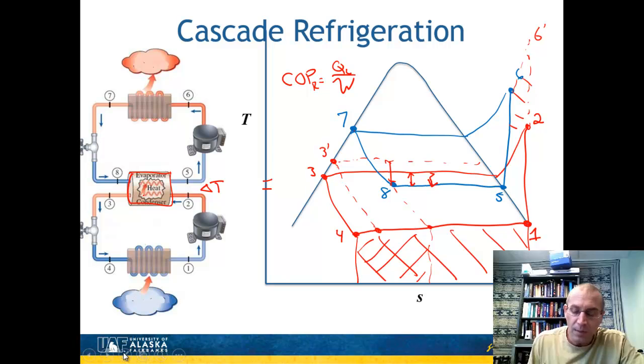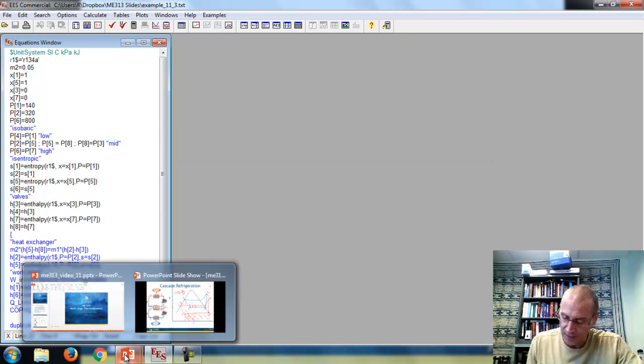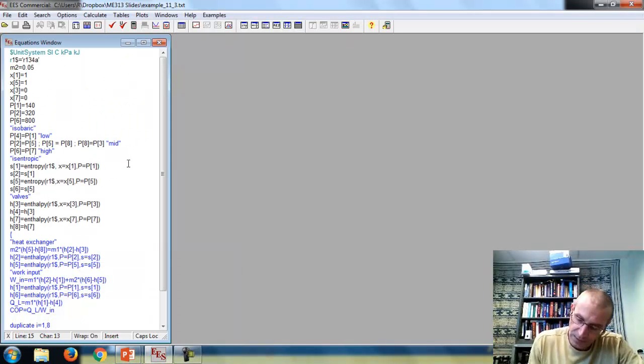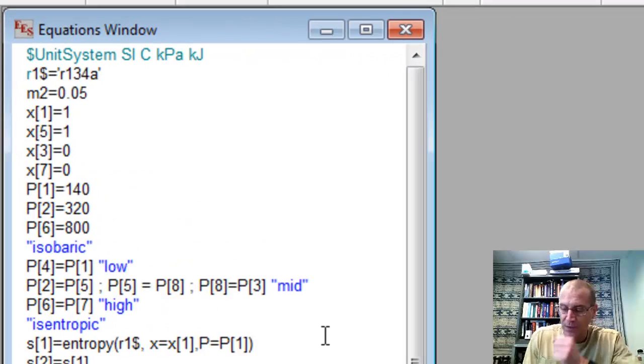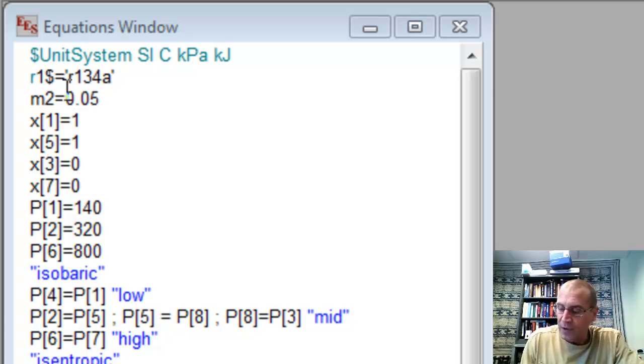All right, let's go ahead and solve the cascade refrigeration system, and I'm going to do the example that's in the book. I'll do this in EES instead of by hand as it's done in the book. So here I have this in EES, and let's look at some of the specifications and some of the things that might be different from what you normally see. First of all, we're going to do this problem with a refrigerant R134A. And so I'm not going to type the word R134A every time.